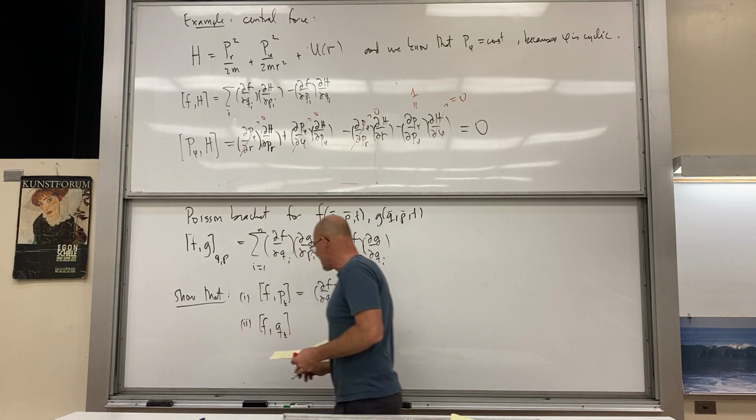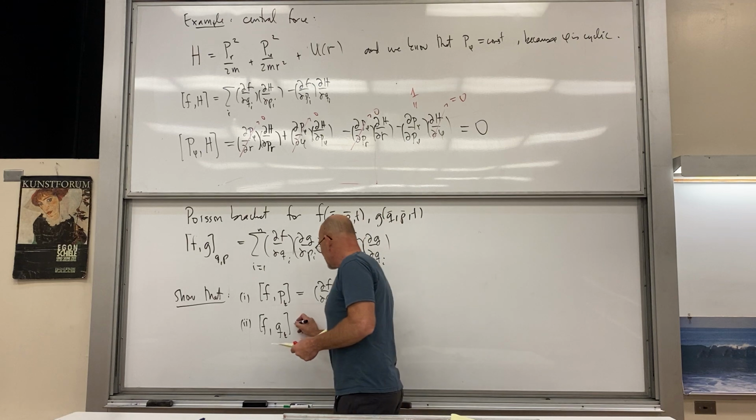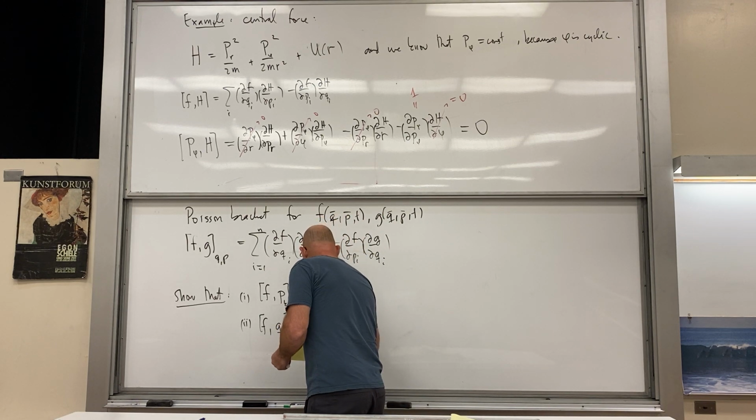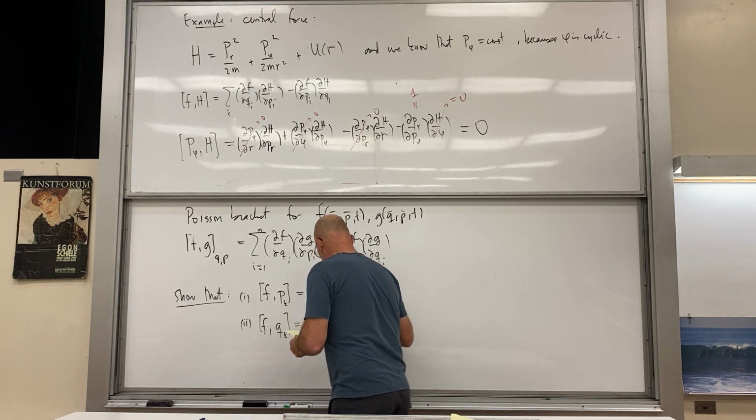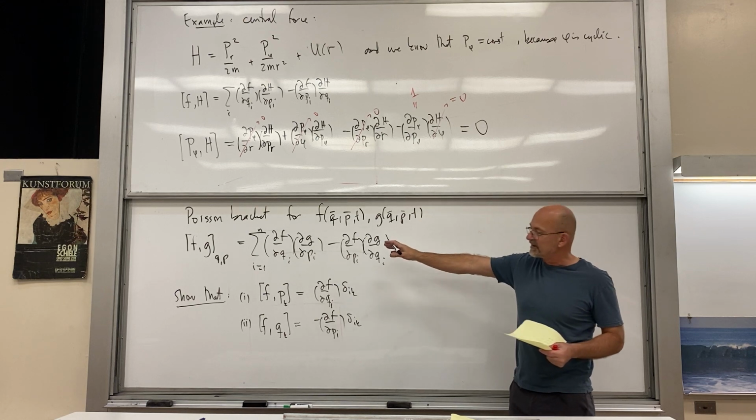So the Poisson bracket of f with p_k, and then the Poisson bracket of f with q_k is minus df/dp_i delta_ik. And those are going to fall right out of these definitions, of course.